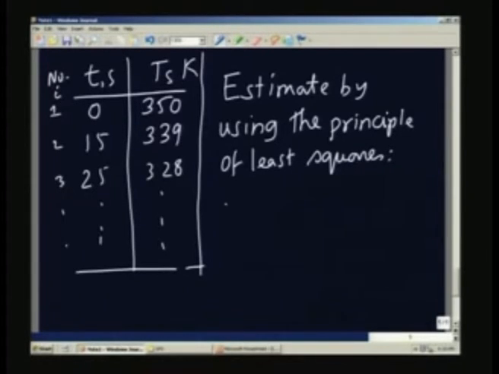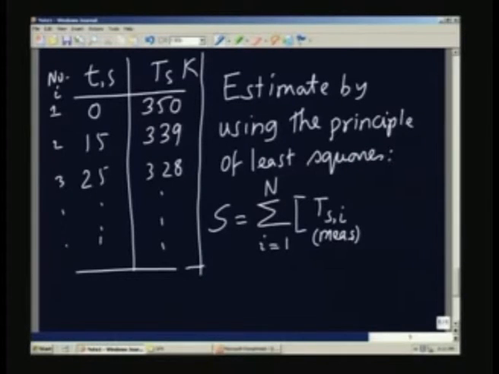I will take the sum of the squares of the following form, i equal to 1 to n, of Ts i measured minus Ts i assumed, with epsilon, whole squared.